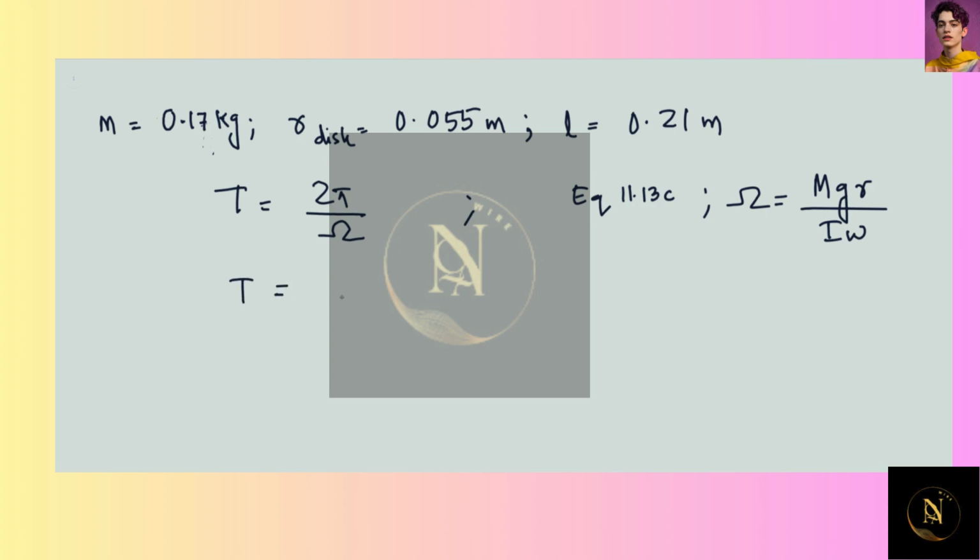So we have T equal to 2 pi I omega over mgr.